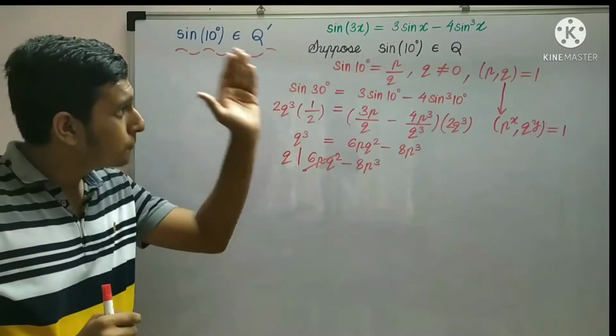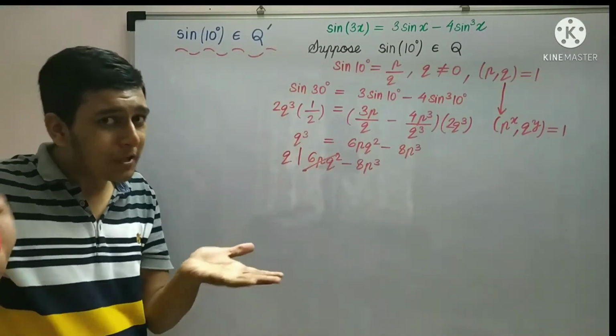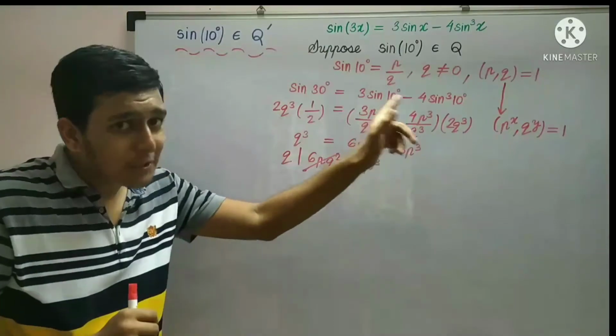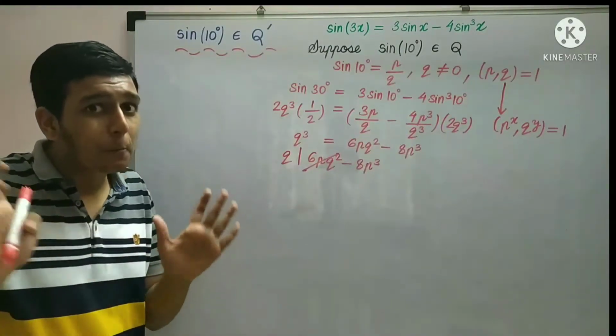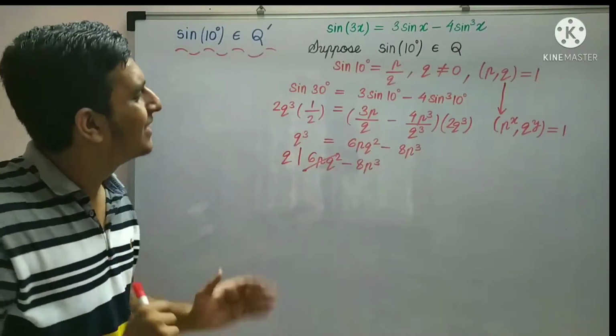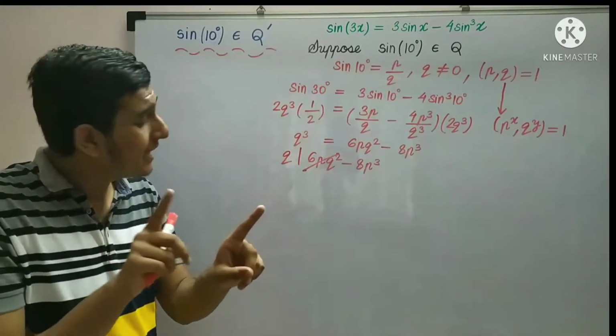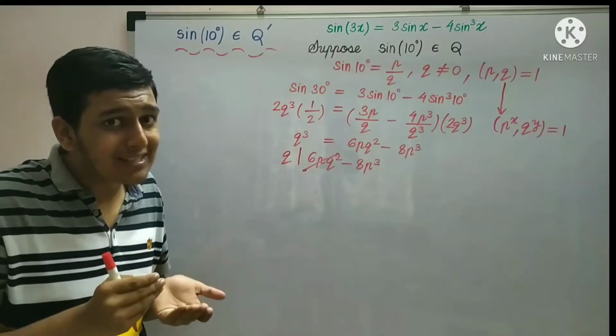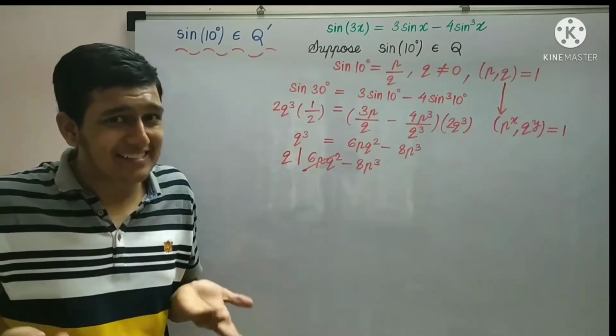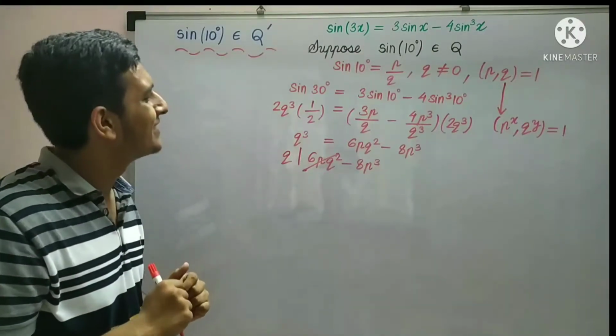However, using this property, because p and q are coprime integers, p cubed and q raised to 1 must be coprime integers. This implies that p cubed does not even have a single factor that q has in it, as they are coprimes. That is the definition of coprimes.